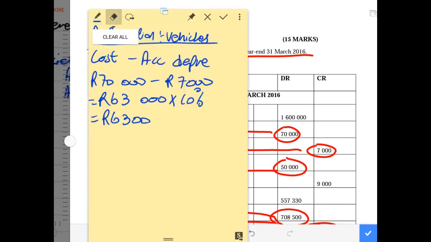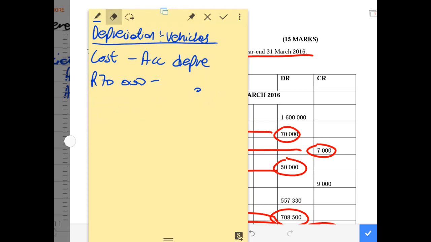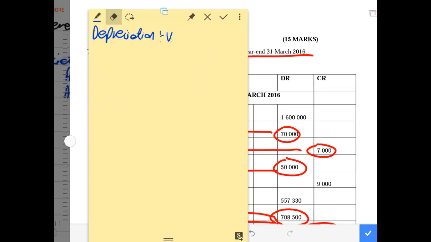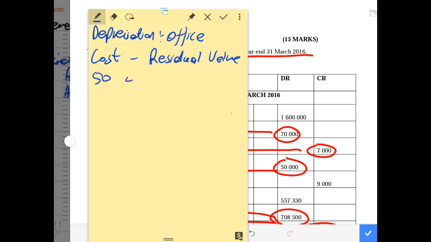So now we calculate our depreciation for office equipment, where we say cost less residual value. The cost is 50,000 rands, residual value is 5,000 rands, and that gives us 45,000 rands times by 20%.